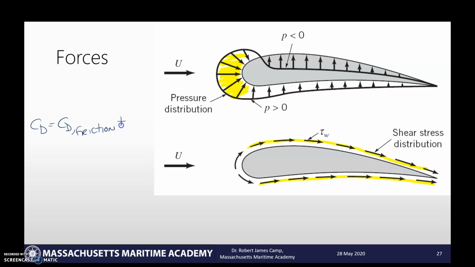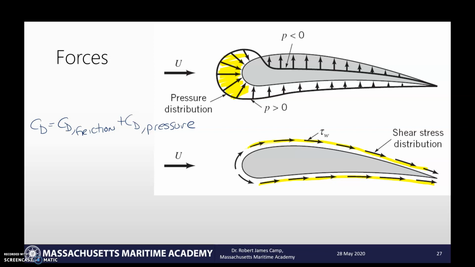which is all the stuff from the shear stress. We have fluid pulling across it. There's going to be a lot going on with the shear stress, and so we have that. But then we also have the pressure stress, the coefficient of drag of the pressure. Now this pressure drag, typically I'll refer to it as form drag. And the reason it's called form drag is it's very highly dependent on the shape.